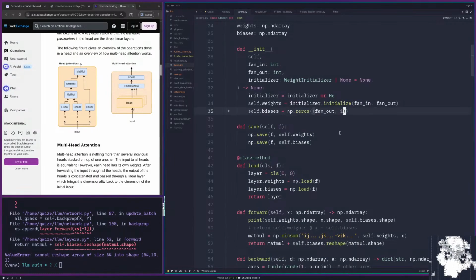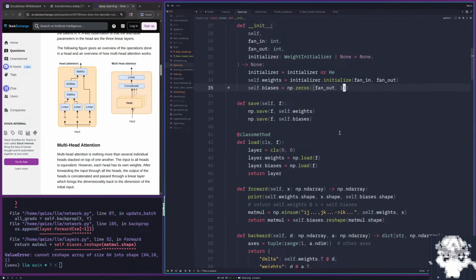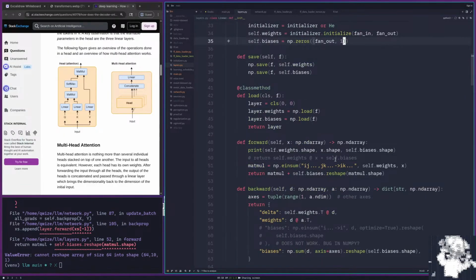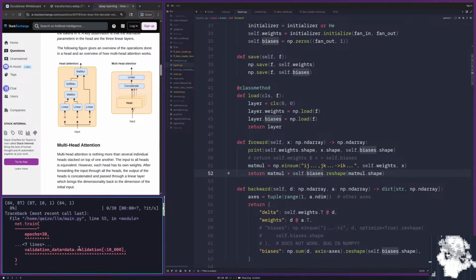Also interesting that I already have the 1 here. But why do you think biases is an array? Because if I print, you know that it's 64, 1.